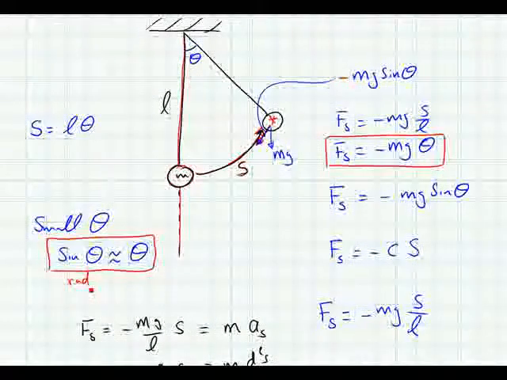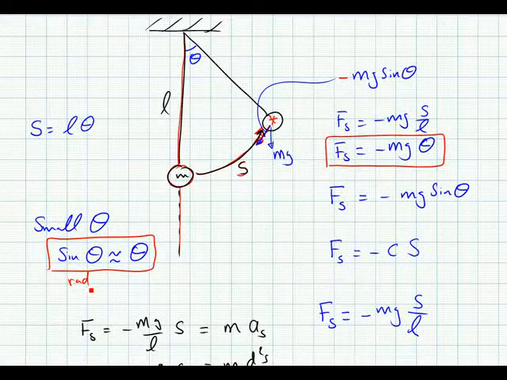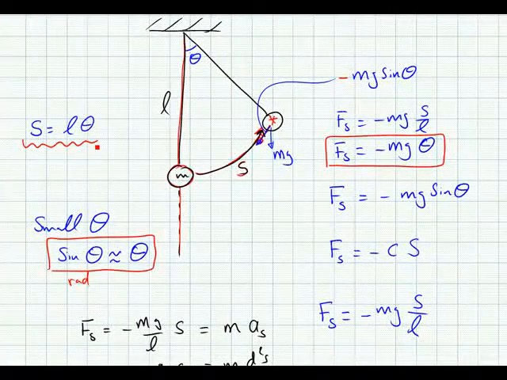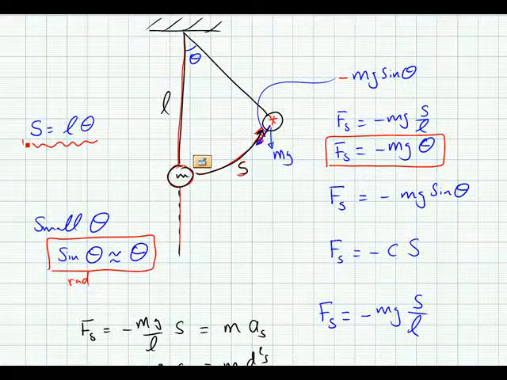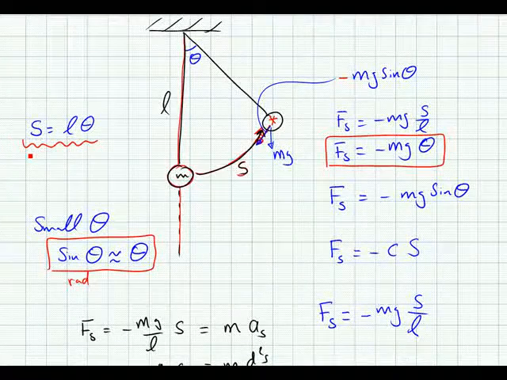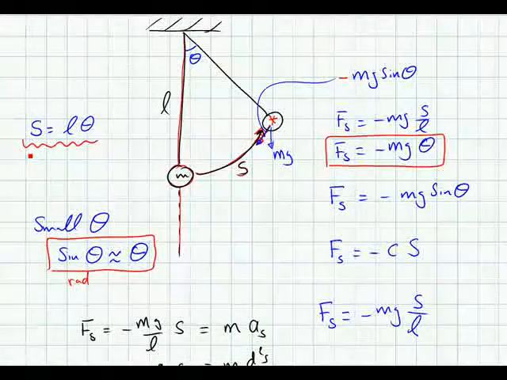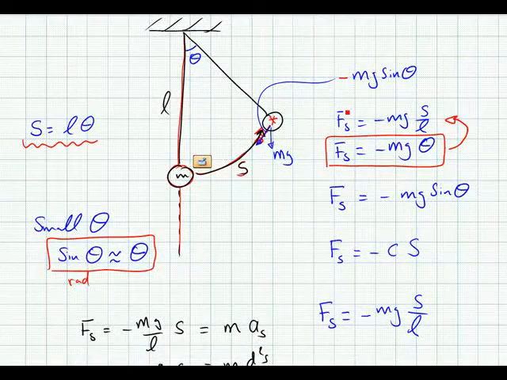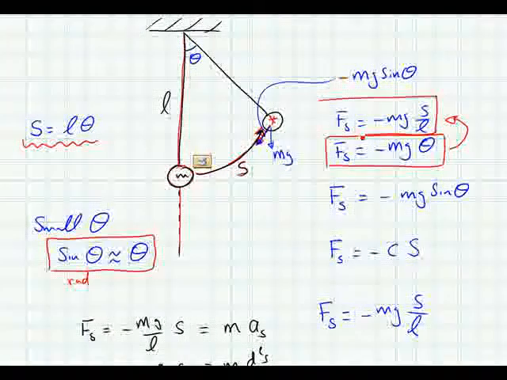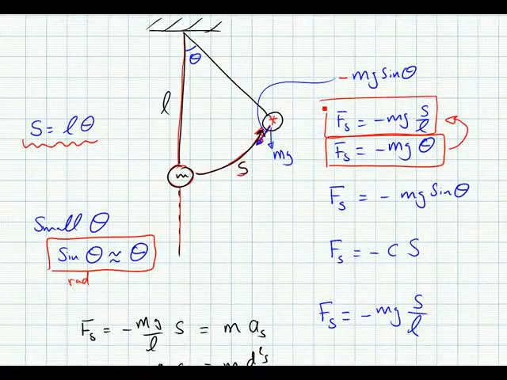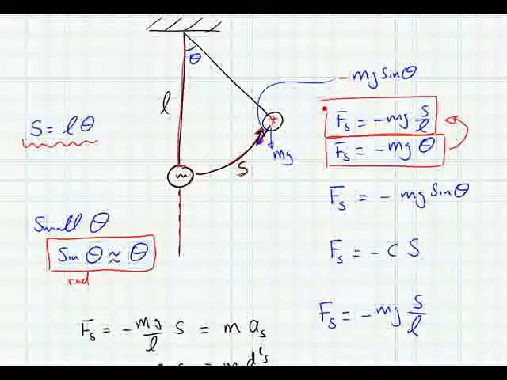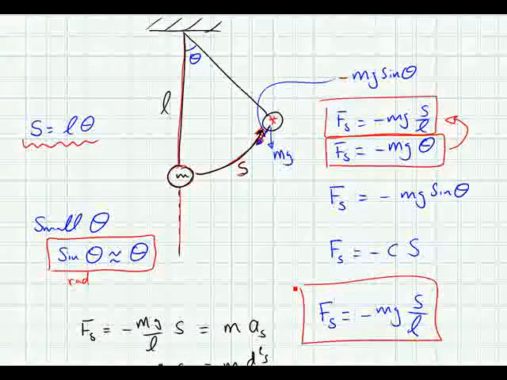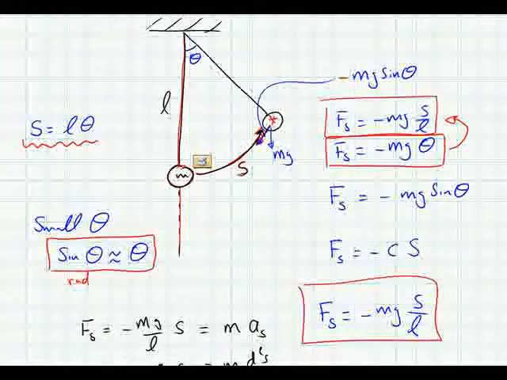So for small theta, sin theta is equal to theta, and then also using the relationship s is equal to L theta. This is arc length is equal to the radius of the circular path times angular displacement. We can rewrite this equation in this form, which is minus mg s over L. Okay, now this F_s, the force on the bob, is given by minus mg s over L.